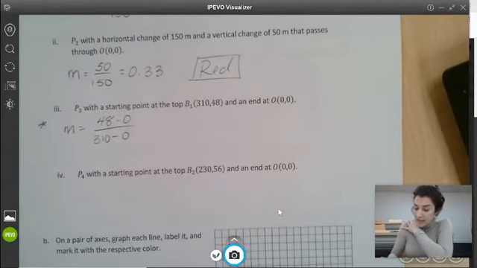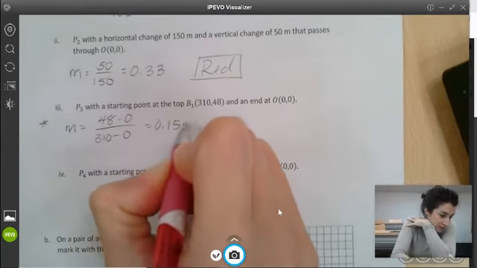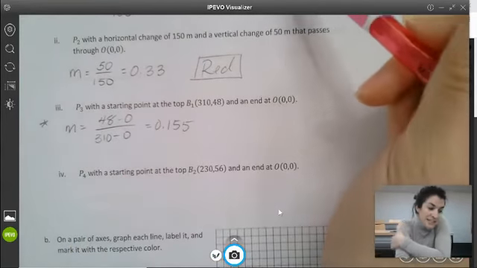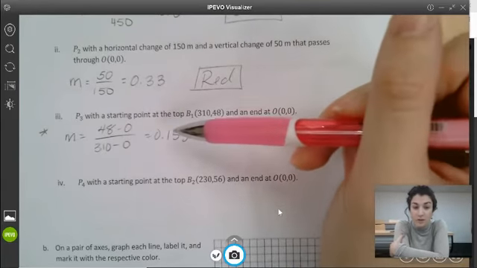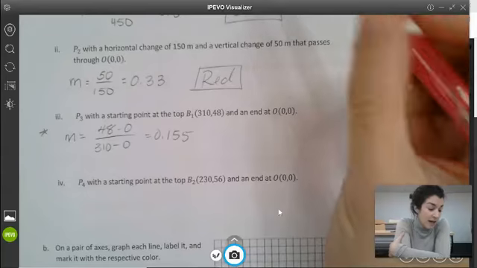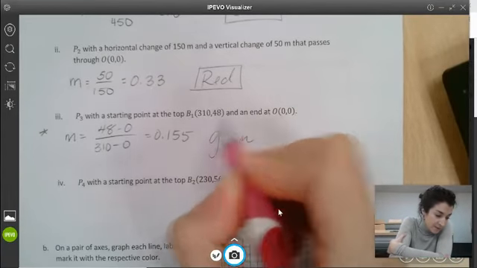So that's 48 divided by 310, which is 0.155. That is less than 20%, right? Remember that 20% is 0.2 and this is 0.15. So then this would be classified as a green.